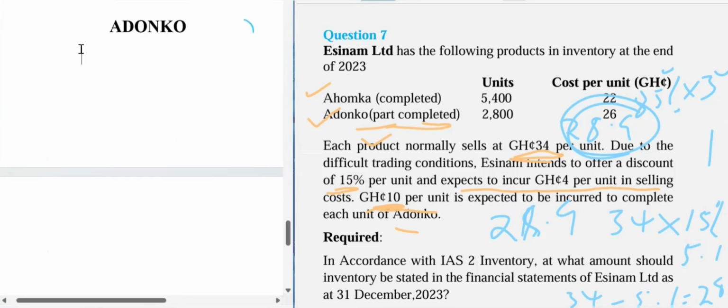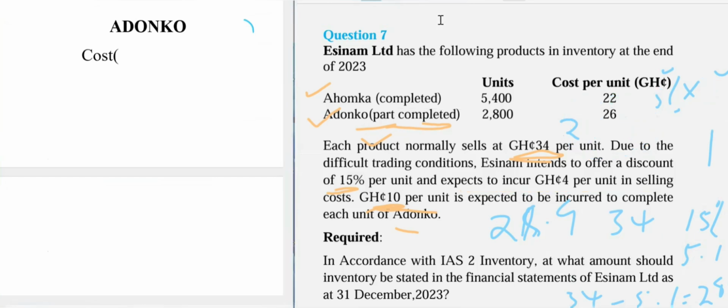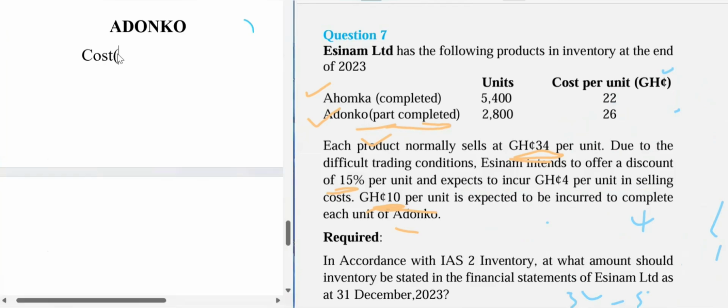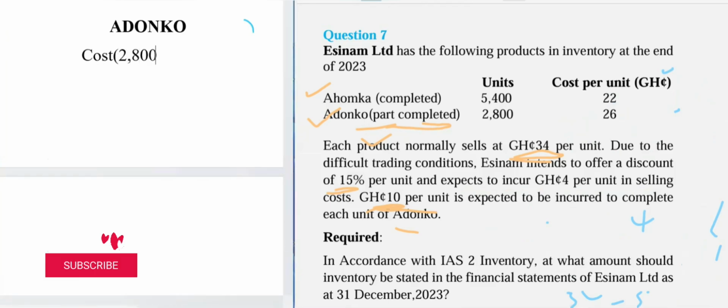So with Adonko, what's the cost of Adonko? It is 26. So that would be 2,800 times 26, right?